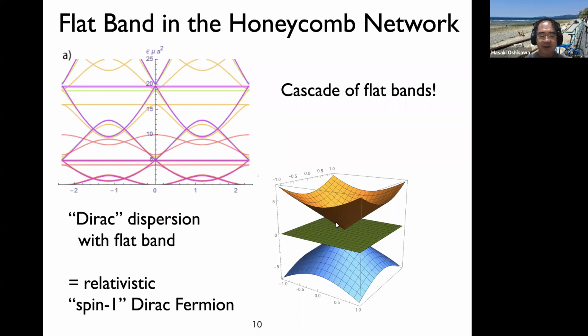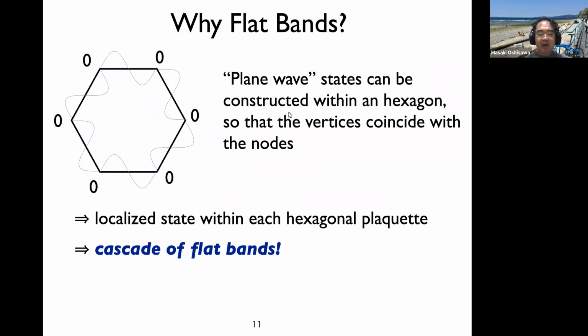So this is something called a relativistic spin 1 Dirac fermion structure, like this. We didn't expect this, but once you find this, it's easy to understand why we have flat bands.